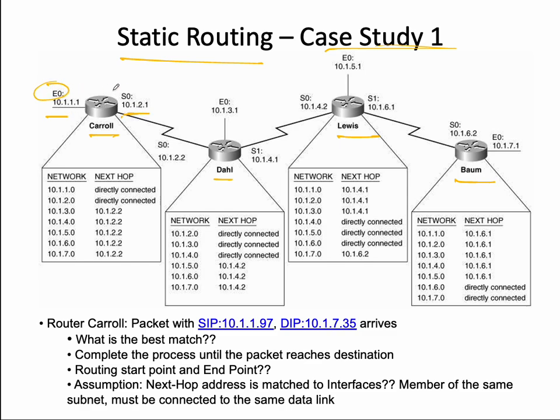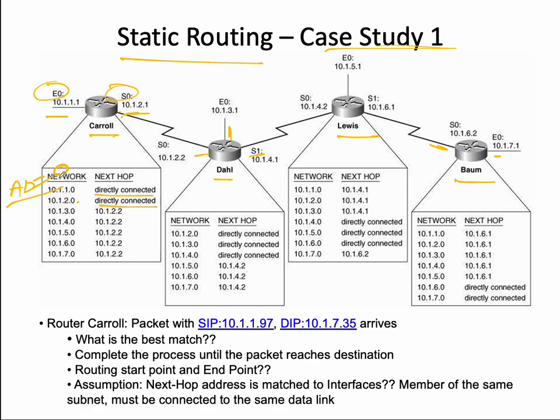This one is Ethernet 0 and serial 0, and this one similarly has 3 interfaces here. This one has 3 and this one has 2. Now if you see here, 10.1.1.1 is directly connected. So that means administrative distance is 0. And this one is also directly connected, so administrative distance is 0, right?